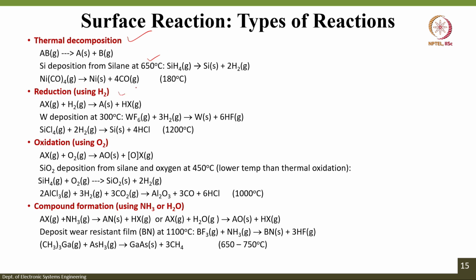Then you can also have a reduction process happening in your chamber in the presence of hydrogen, that is, tungsten hexafluoride can undergo a reduction reaction in the presence of hydrogen to form a tungsten film. Then there can be an oxidation process taking place in the presence of oxygen. Also you can have the formation of compounds as well. So, these are just a few examples of the different types of chemical reactions that can happen in your chamber based upon the choice of your precursor molecule, the temperature and the pressure.